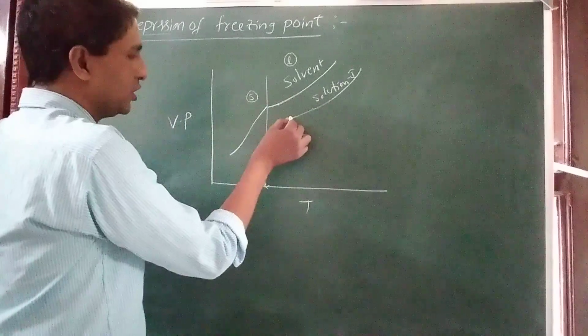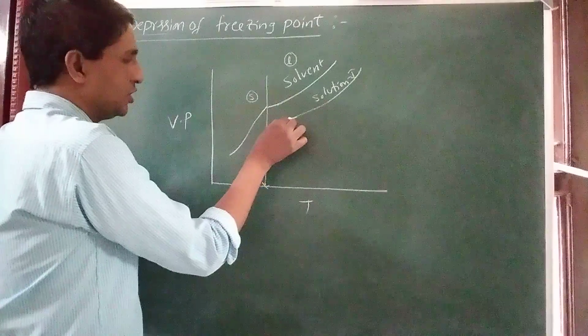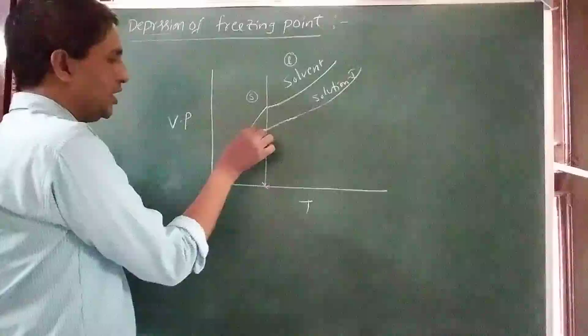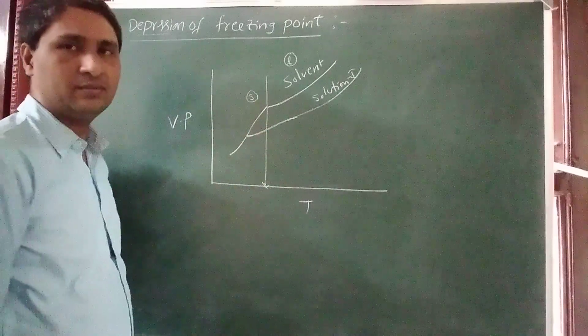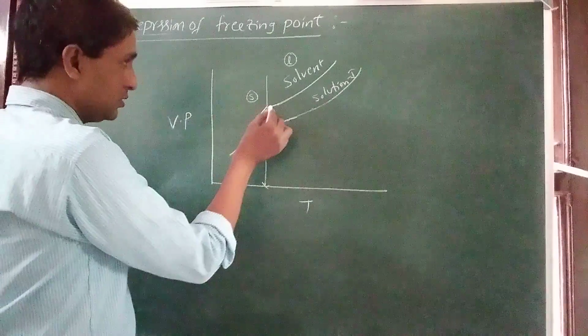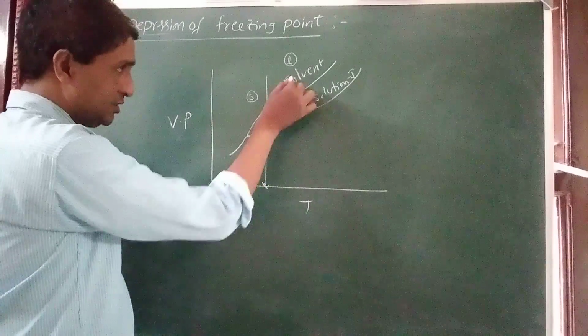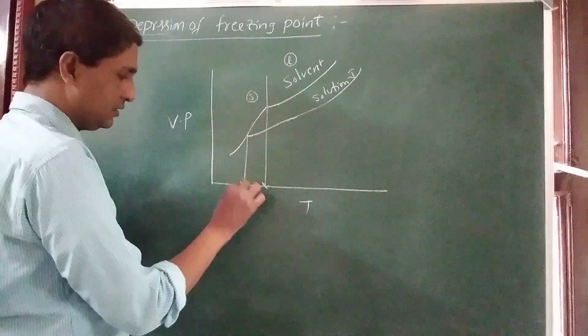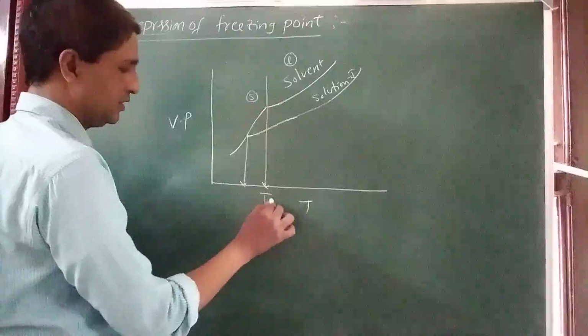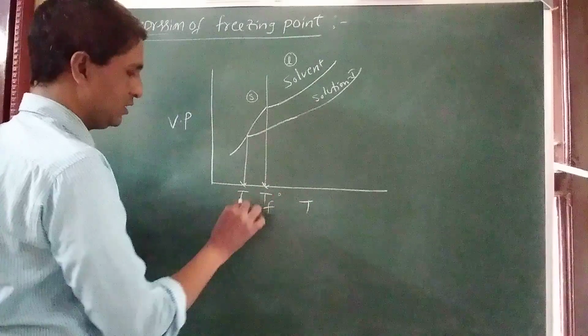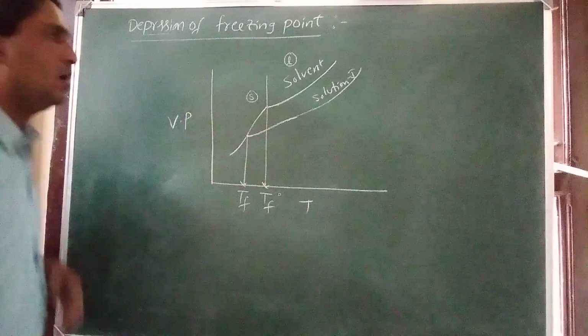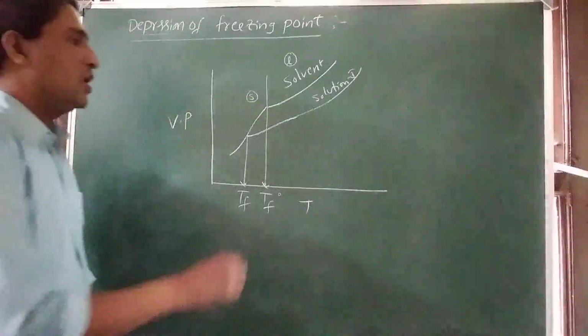In case of solution, it also converts to solid, but it requires some more cooling. Suppose the solvent solidifies at this temperature, and its solution solidifies at this temperature. This one is TF naught and this one is TF. Why?